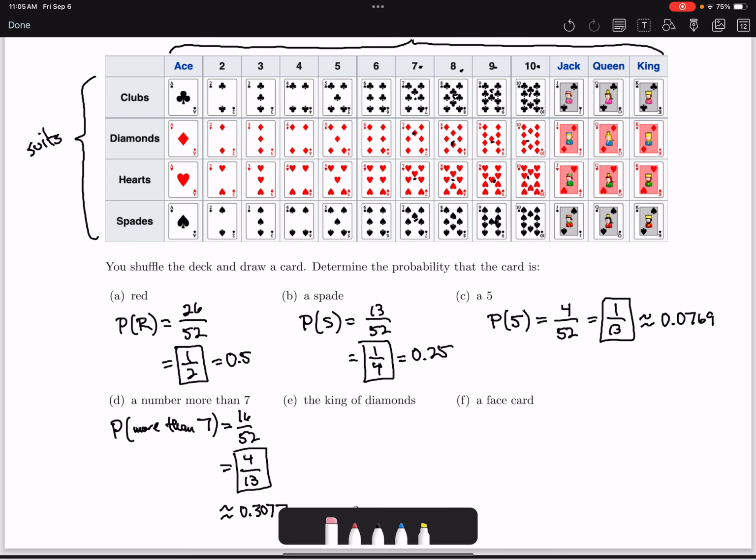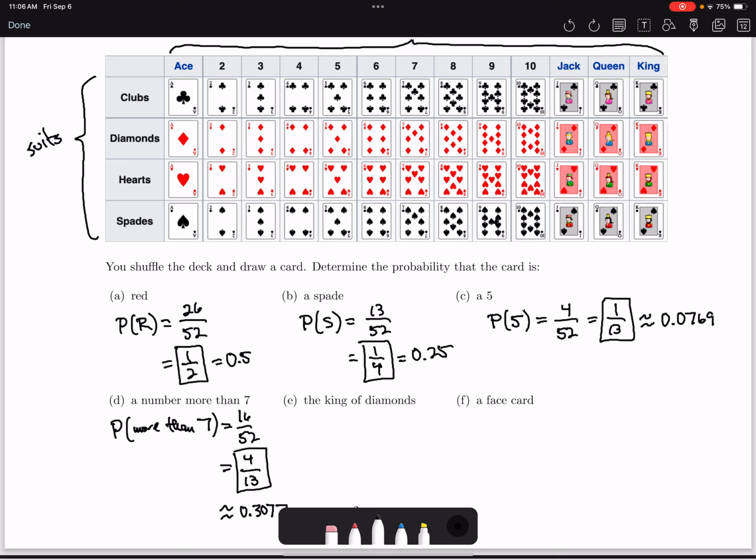Okay, King of Diamonds. Let me erase all these black dots that I've put on the cards. Okay, King of Diamonds. What's the probability we draw the King of Diamonds? Well, there are 4 kings in the deck, but only one of them is the King of Diamonds. That's that guy right there.